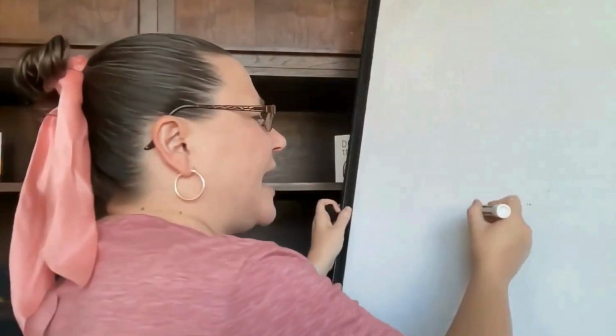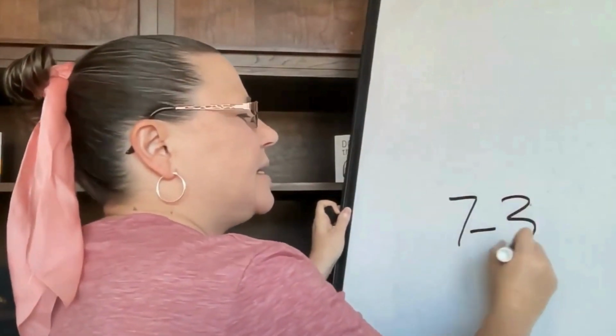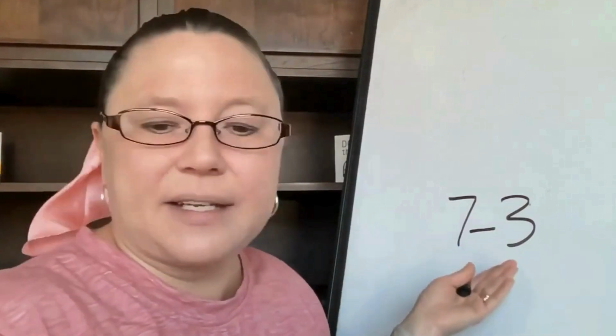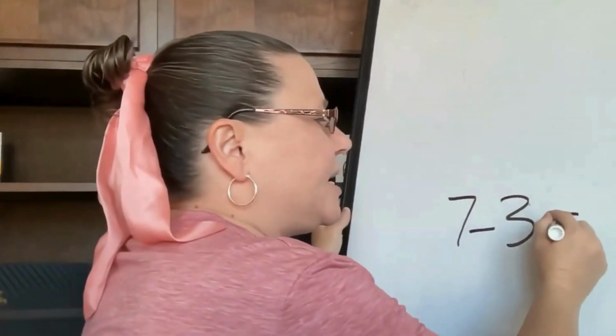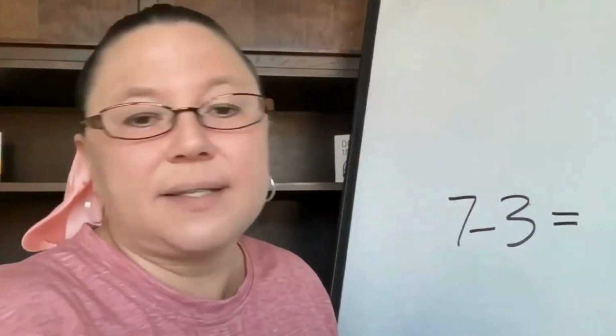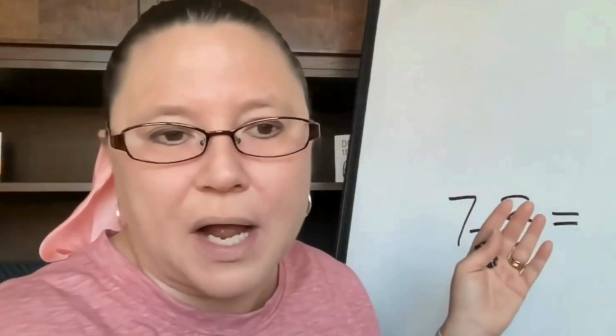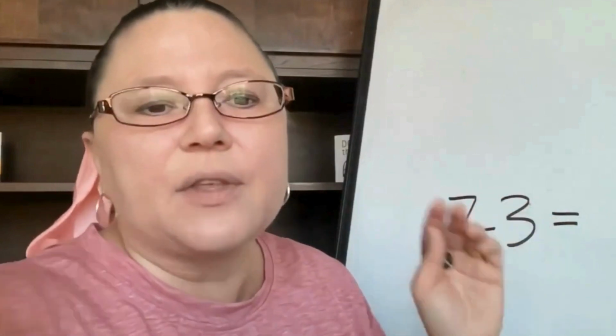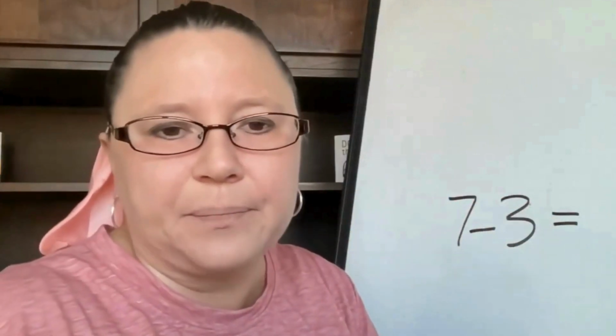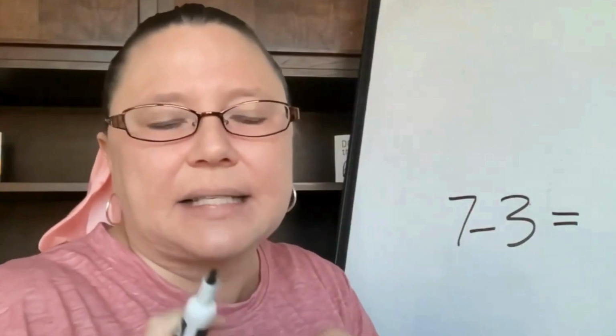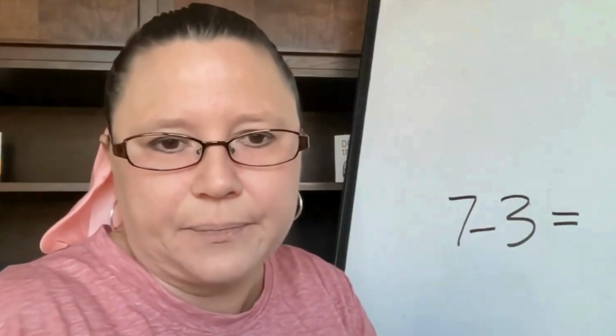For example, if I have the subtraction problem, 7 minus 3, there's an addition problem that gives you the same answer. So 7 minus 3 is 4. There is an equivalent addition problem. This is for every subtraction problem that you ever create. There's an equivalent addition problem that gives you the same exact answer as 7 minus 3.